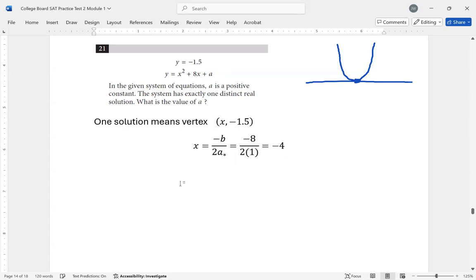And therefore, I can plug in negative 1.5 for the y value and negative 4 for the x value. And I know that that's going to produce a true statement. So I plug that in to my quadratic equation.